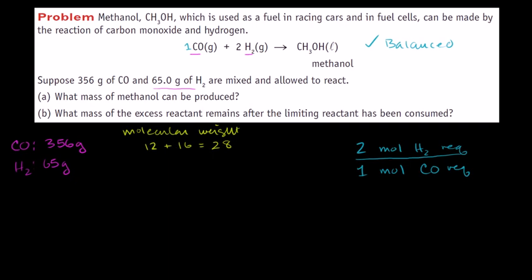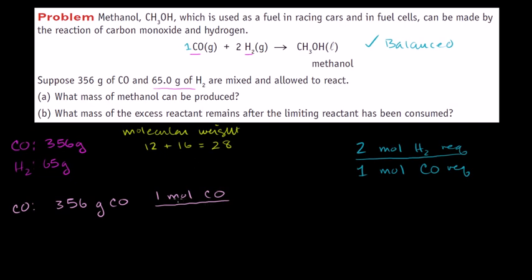let's do the carbon monoxide first. So we're dealing with the carbon monoxide. We have 356 grams of carbon monoxide, and we want to write this in terms of how many moles of carbon monoxide we have. So 1 mole of carbon monoxide has how many grams? Well, its molecular weight is 28.